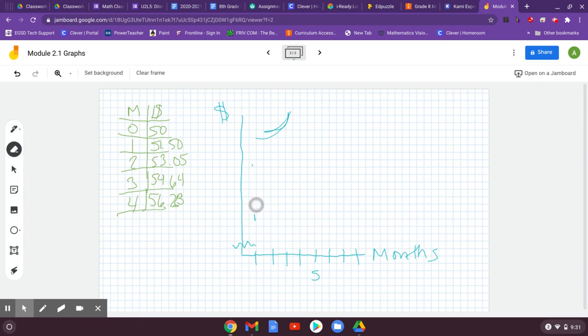So let me erase those. So I'm going to use this little zigzag, and this basically means the bottom part is not going to be even, but once I'm above this zigzag, it will be.